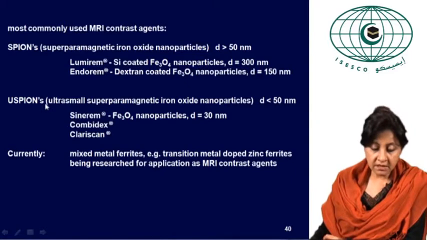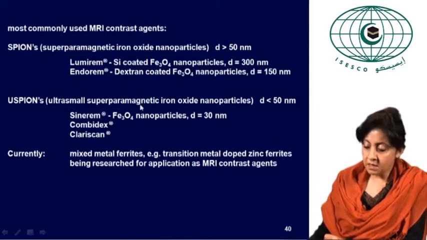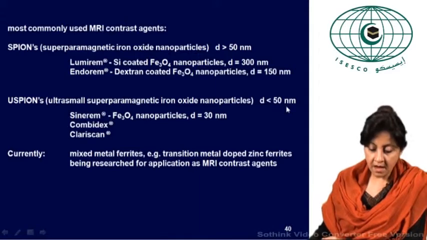The other class is USPIONs, which are ultra-small superparamagnetic iron oxide nanoparticles. These typically have diameters less than 50 nanometers, and the registered names here are Sinerem, Combidex, and Clariscan.